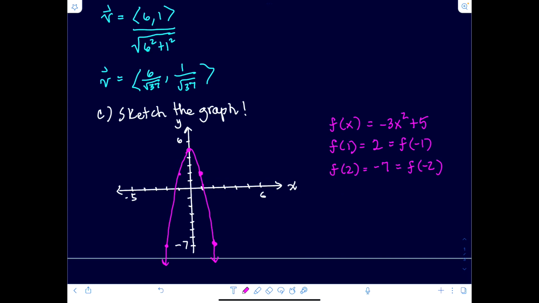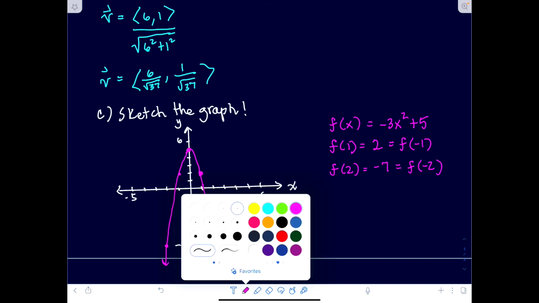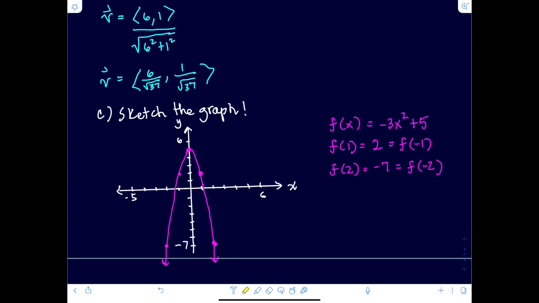The parallel vector is the u, which we did in yellow, and it's going to look something like this.